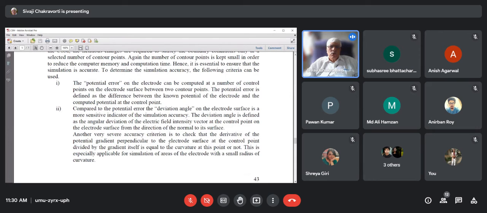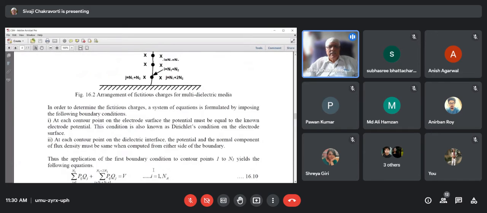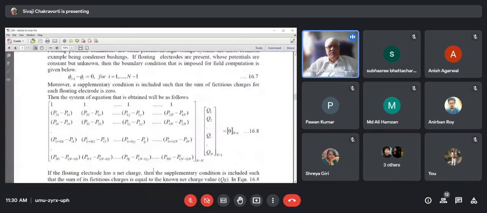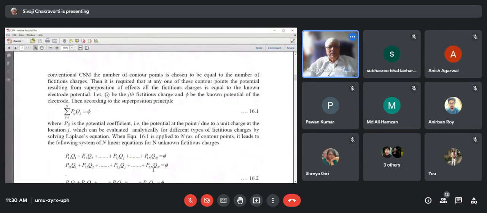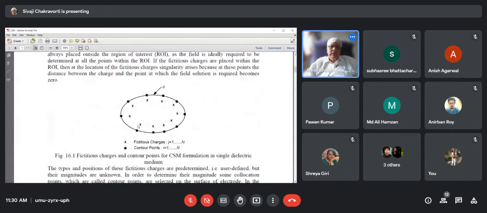So how do I know that my simulation is accurate? For that, what we do is find the potential error on the electrode at a number of control points. Now the issue is, what is a control point? A control point is something like, here.